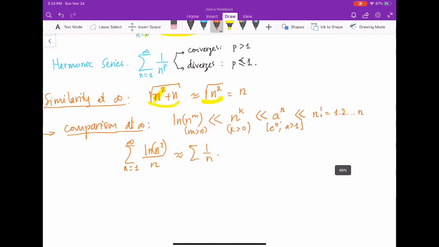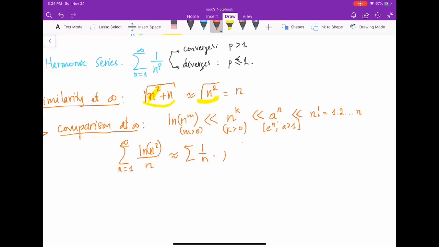Another one you can do is the series of n squared over e to the n, n from 1 to infinity. And we say this series converges. Why? Because n squared is very small compared with e to the n.